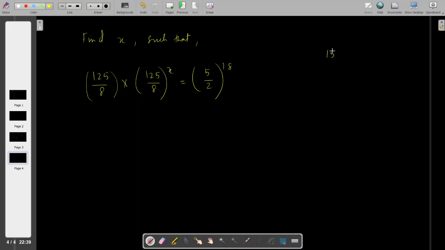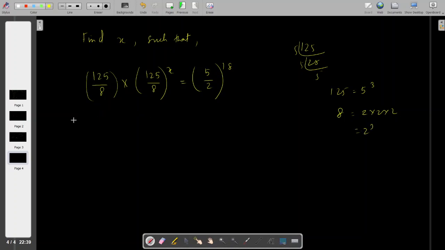125, if you factorize, you get 5 into 25, 5 5s are 25. So 125 you can write as 5 cube, and 8 you can write as 2 into 2 into 2, that is 2 cube.